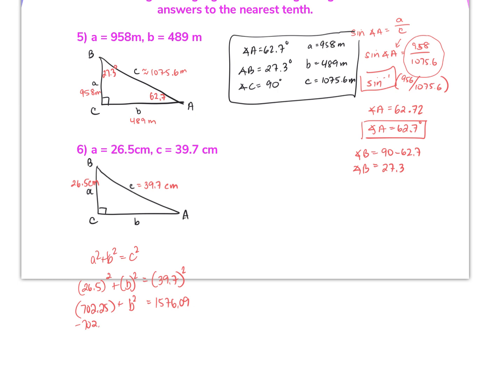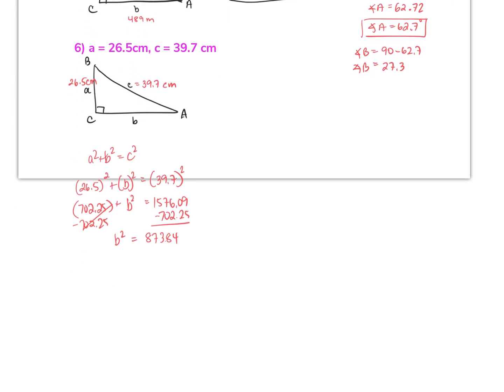So I'll subtract 702.25 from both sides. I'm going to get that b squared equals 873.84. And then I'm going to take the square root of that. So b equals 29.56. So b is approximately equal to 29.6.